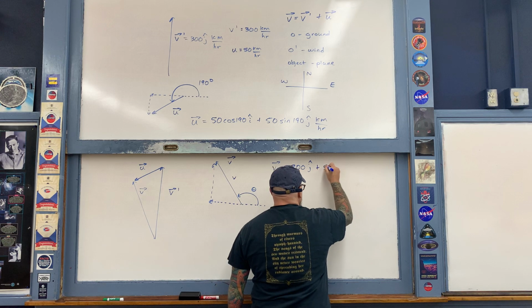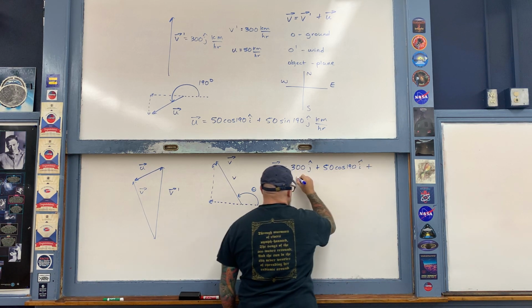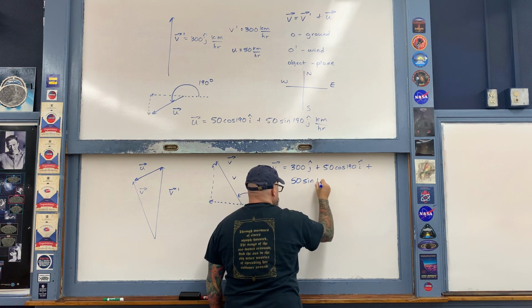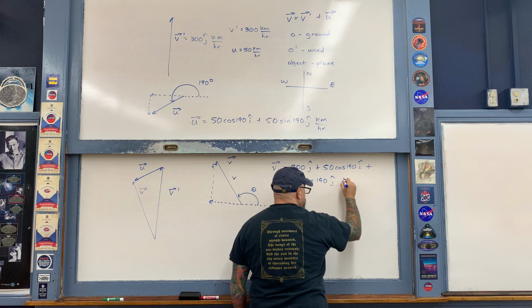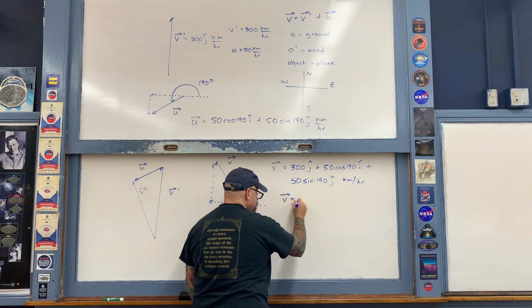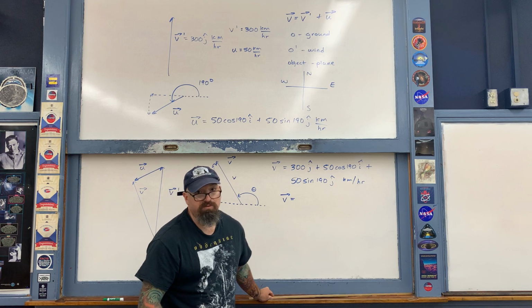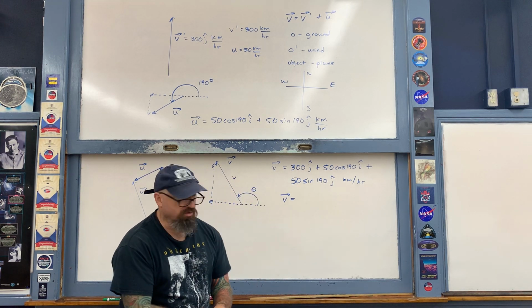So plus 50 cosine 190 i hat plus 50 sine 190 j hat. And now we just add up all of the i hat components and the j hat components and get the velocity vector v in component form. Once you get to this point, the remainder of the example is pretty straightforward.